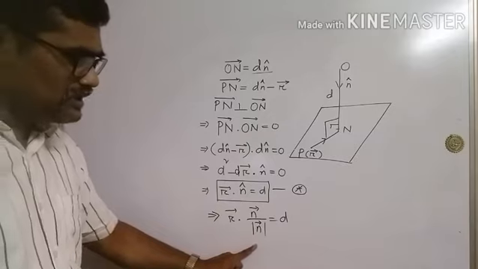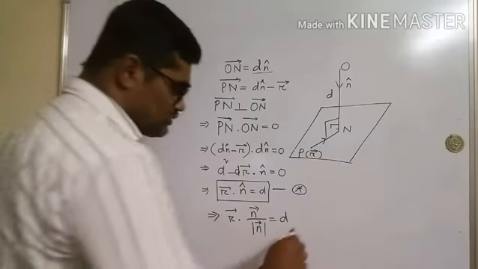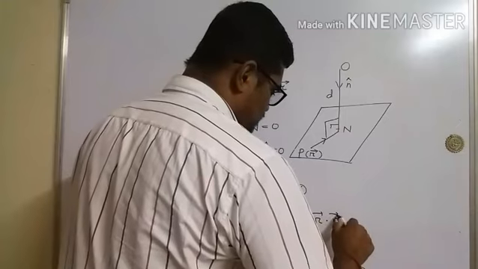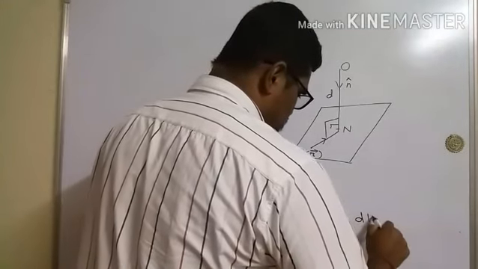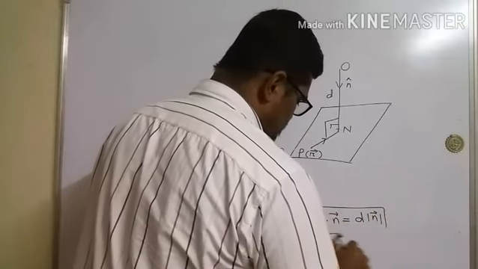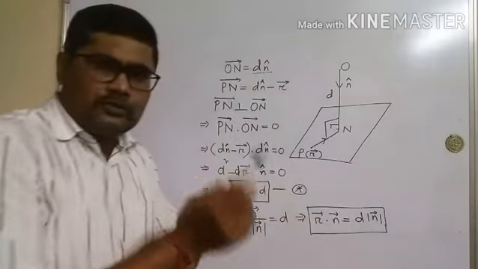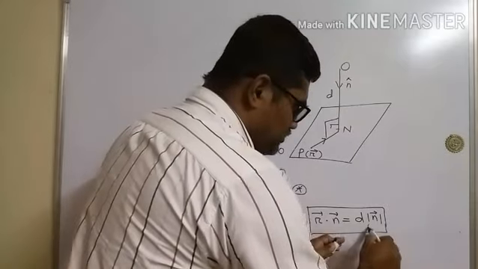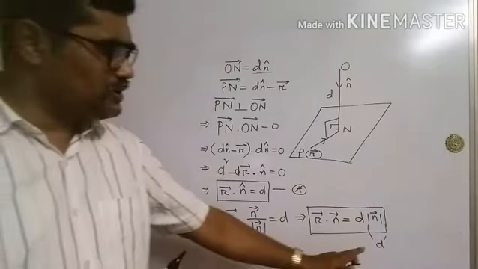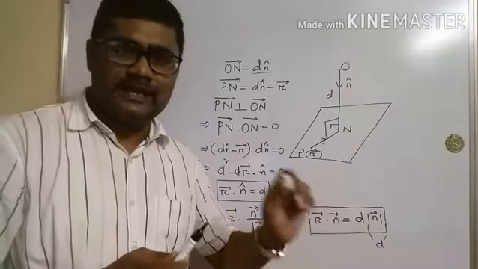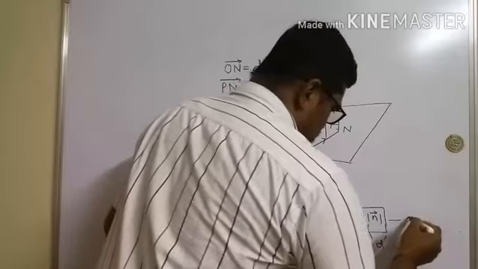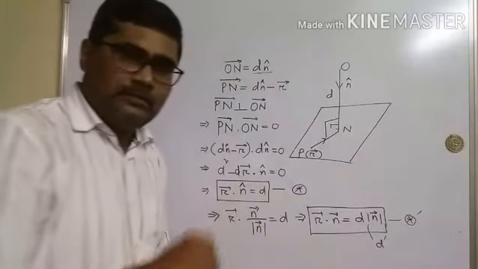This is a real number, it can be multiplied to that side. So if you multiply and bring it to the simplified form, then you get another form. For a moment you can denote this by d dash or any other letter, because this is going to be a scalar, a real number. So now this is another form of the same equation.